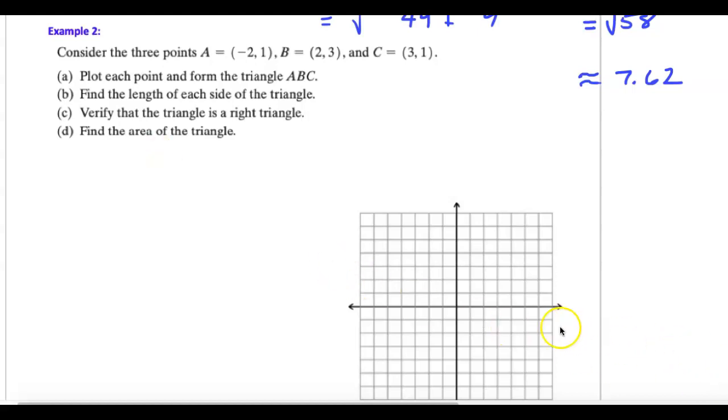So first, we will plot the points. A is -2, 1, so -2 up 1, and that is point A. And then B is 2, 3.